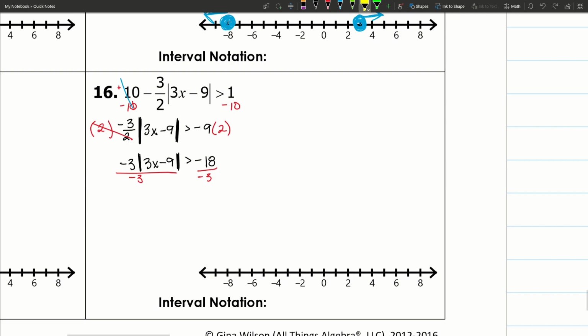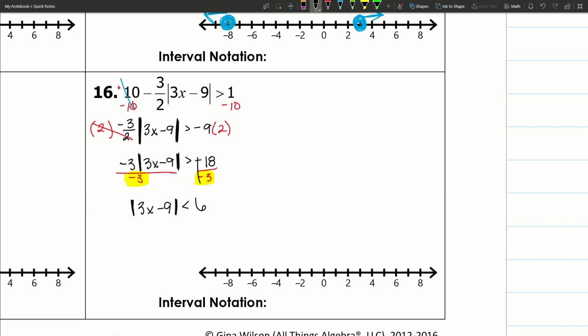Which again, notice, do we need to flip our sign? I hope you said yes we did, because we do in fact need to turn our sign around. I would have 3x minus 9 now less than, a negative and a negative, those cancel, and 18 divided by 3 is 6.